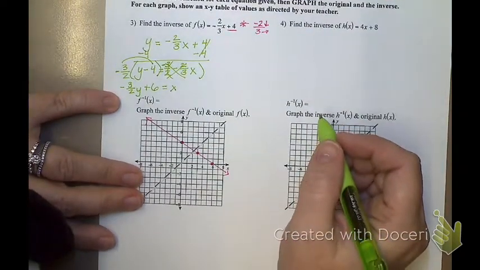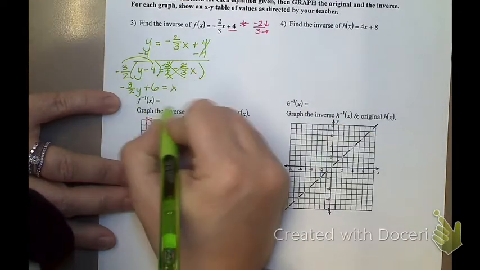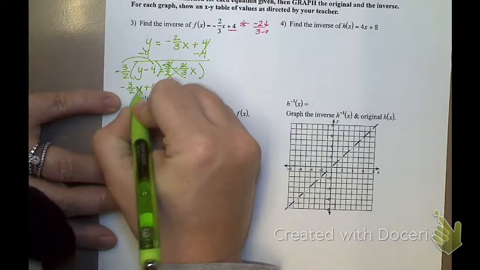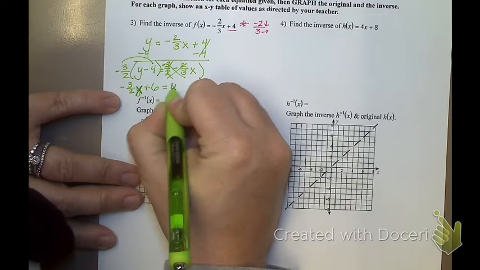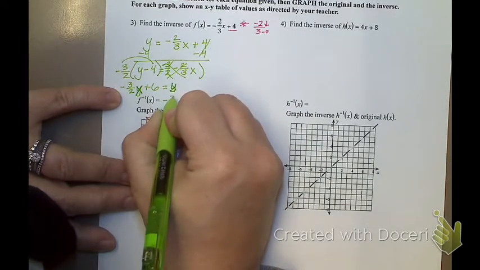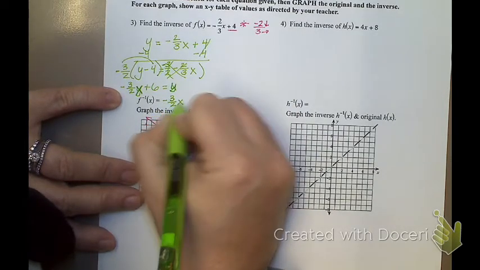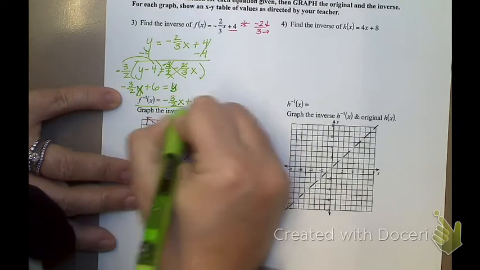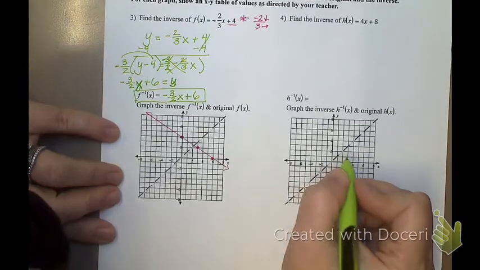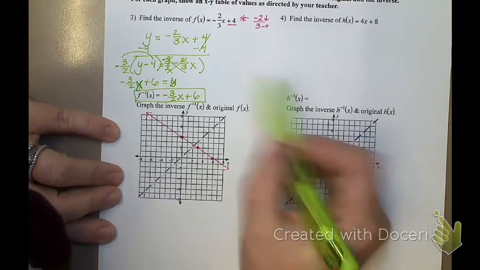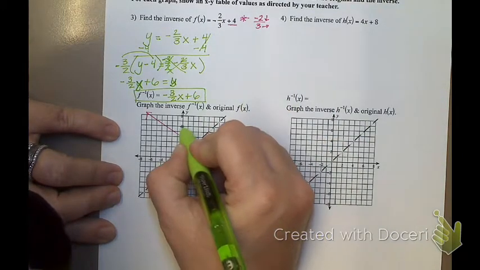The last step in finding an inverse, before I write my answer, is to change my y to an x and my x to a y. So I have -3/2 x plus 6. That is my inverse right there. And now I'm going to graph it. The y-intercept is 6, so that would be right here.